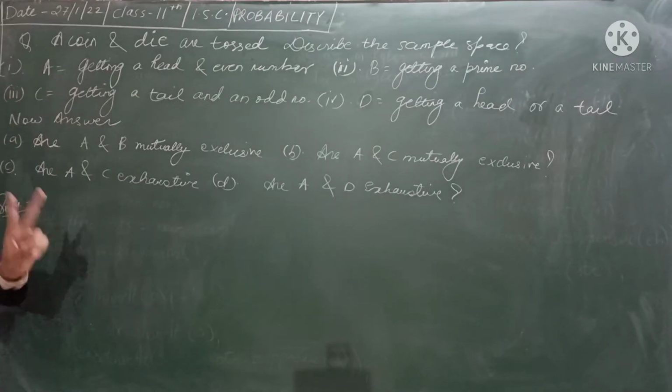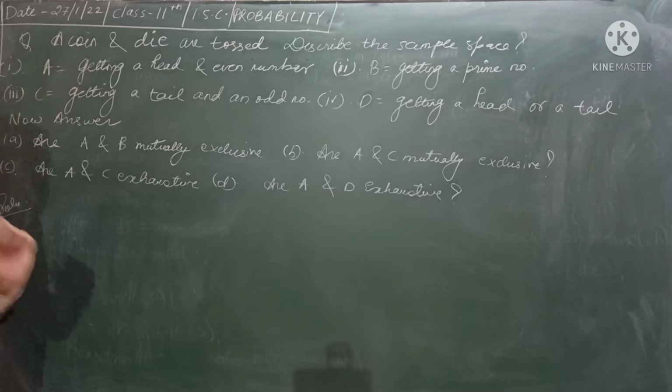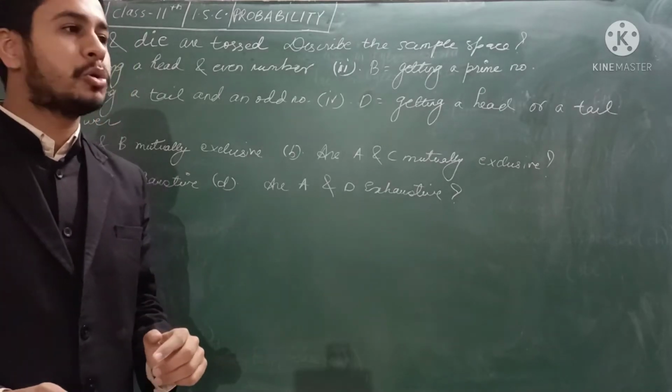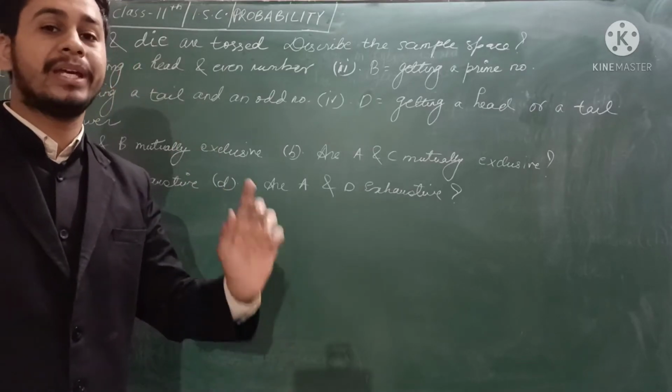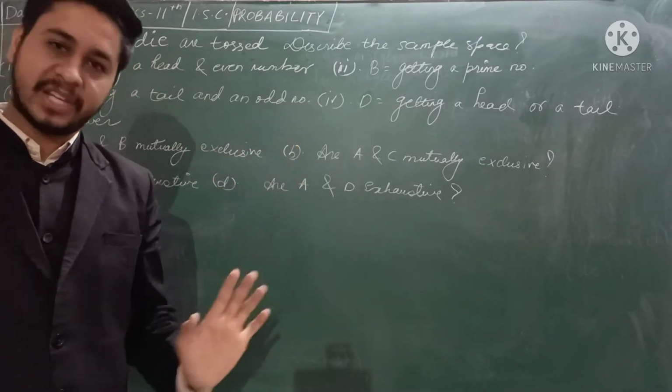If you are doing two at a time, a coin will turn up to give head or tail, and a die will turn up to give either 1, 2, 3, 4, 5, 6.